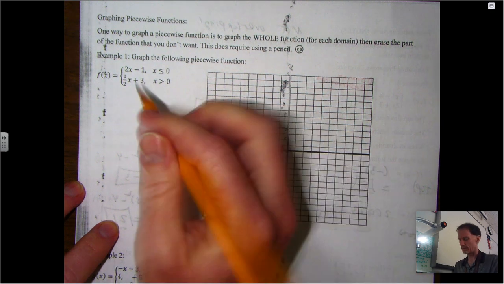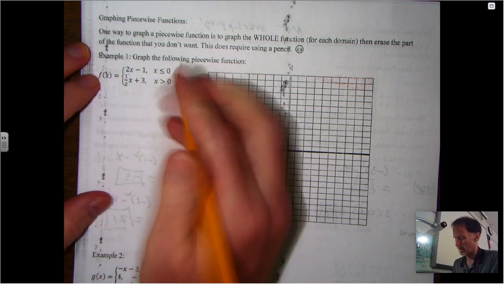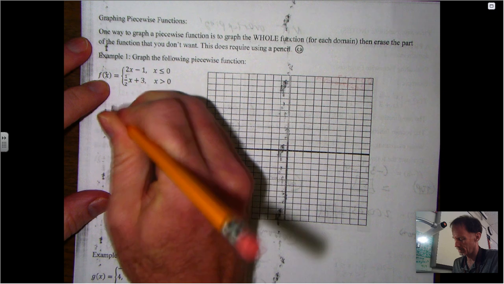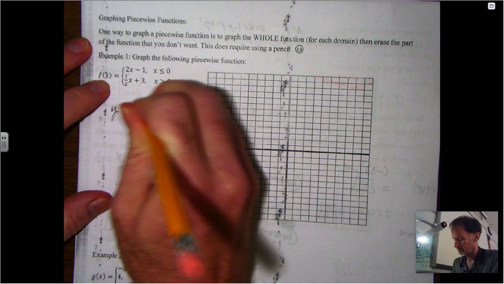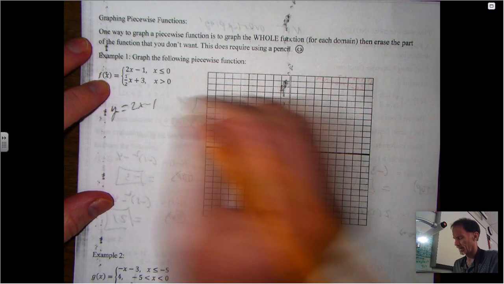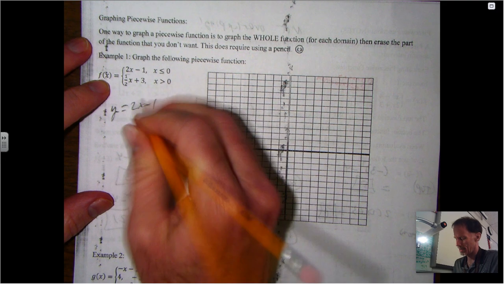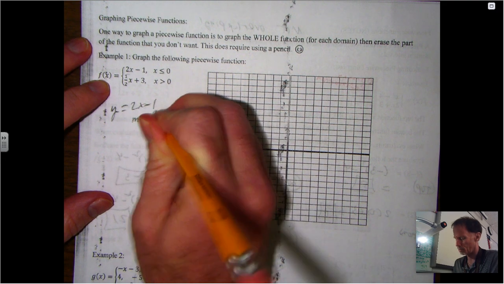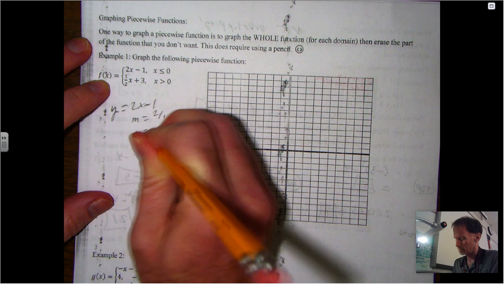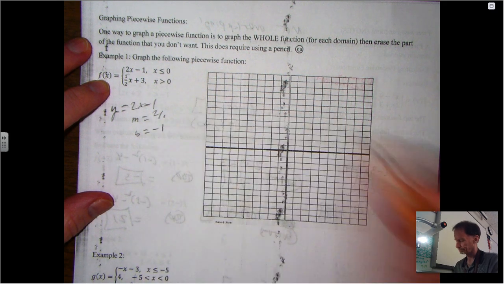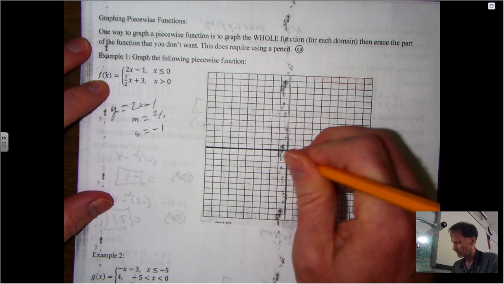Okay? So like on this first one here, we see our top equation. This is y equals 2x minus 1. Okay, so I know from my Algebra 1 days, I know my slope is 2 over 1, and my y-intercept is -1. So I'm going to come down here and just graph that line.